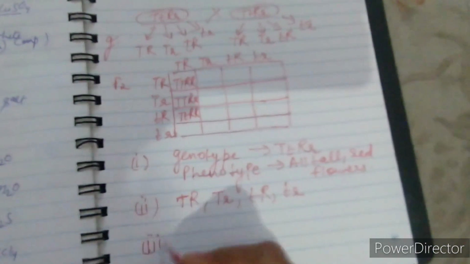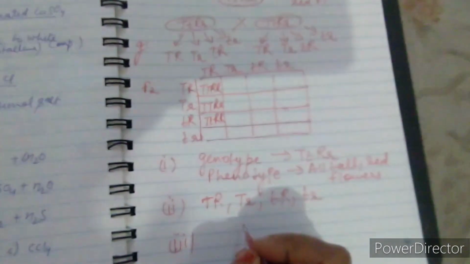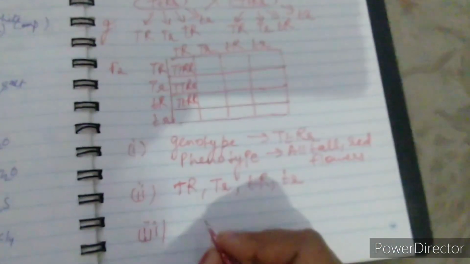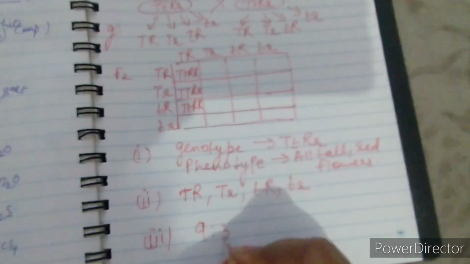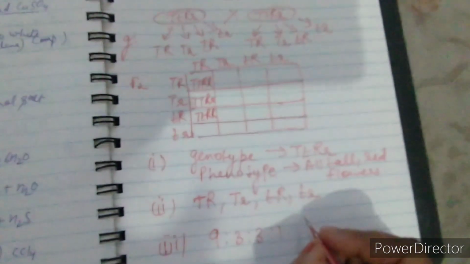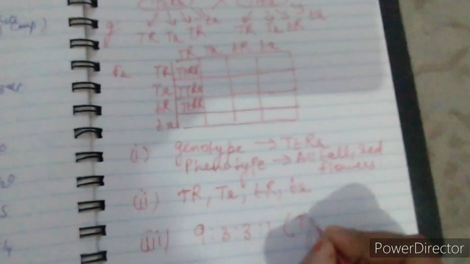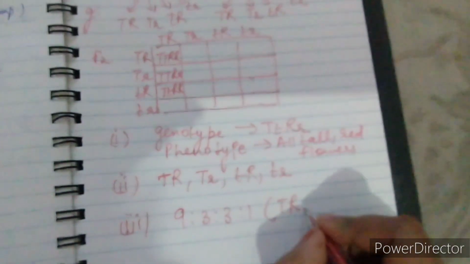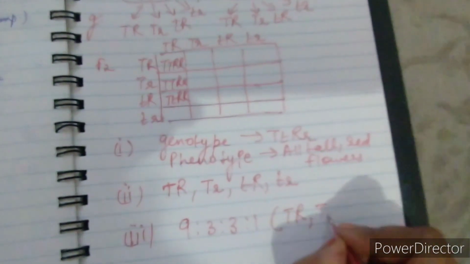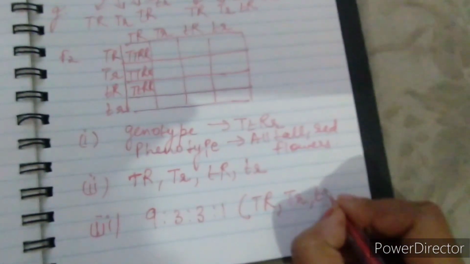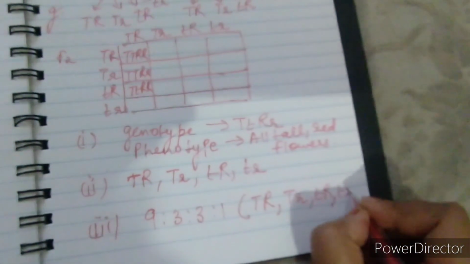Number third is you have to give the dihybrid ratio and phenotype of the offspring of the F2 generation. So in F2 generation, the ratio will be 9:3:3:1, and between which type of plants is this ratio? Capital T capital R, that is tall with red flowers, then tall with white flowers, dwarf with red flowers, and dwarf with white flowers.